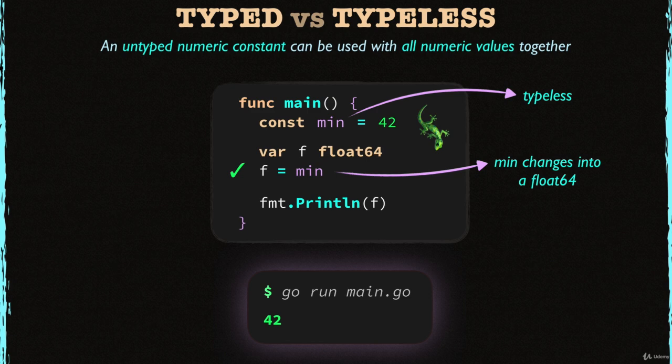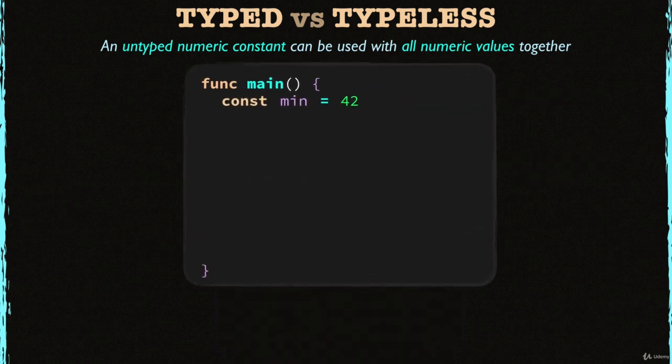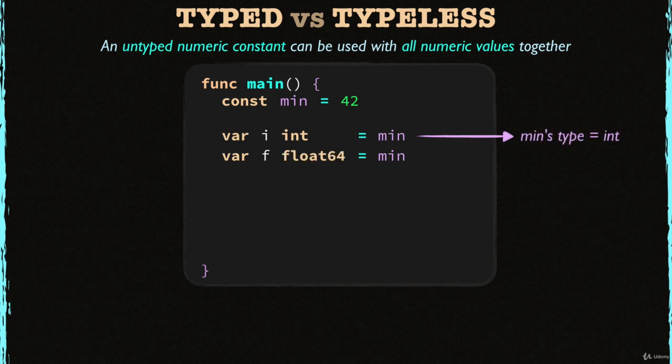Let's assign the typeless numeric constant min to a few numeric variables to see this in action. As you'll see, it will change its type accordingly. For example, let's assign it to an integer variable like this. Here, the typeless min constant changes its type to an int value automatically. Now let's assign it to a float64 variable. Now it becomes a float64 value. Okay, let's assign it to a byte variable.